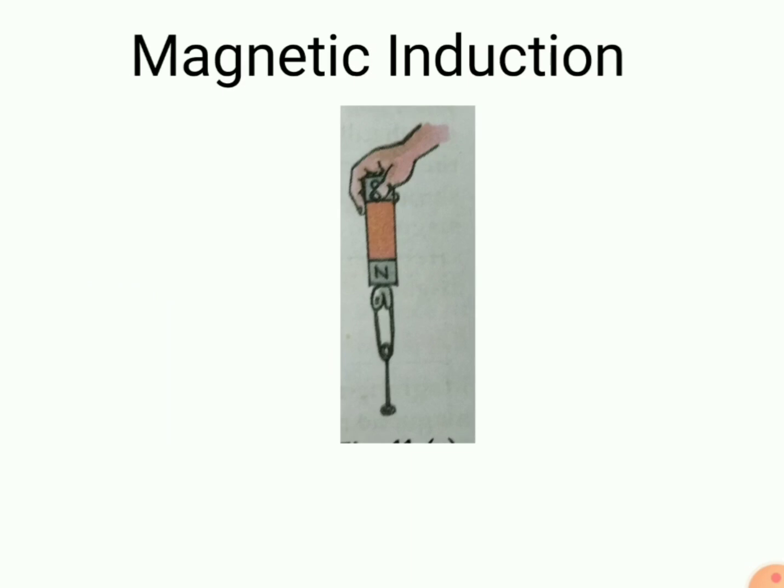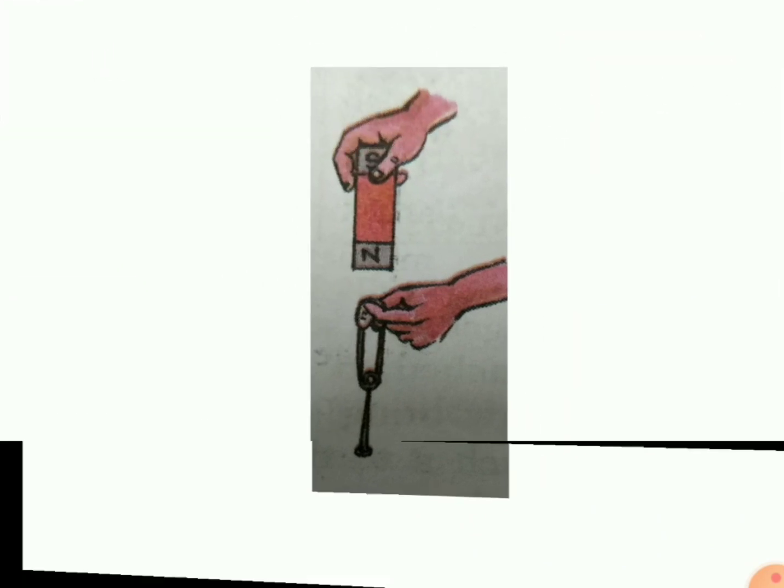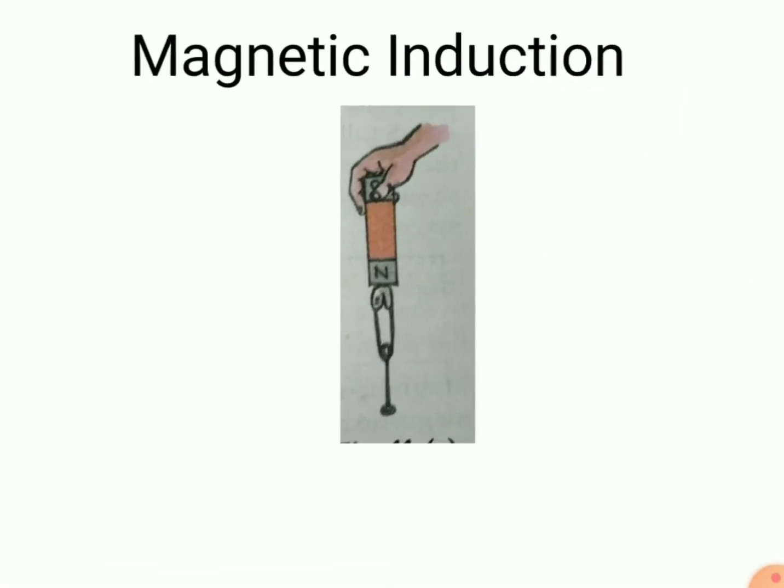See here, a picture is in front of you. A magnet is there, a safety pin is there, and a pin is there. These are the three things I have taken. I will bring a safety pin near this magnet, and you can see surely it will get attracted to it.